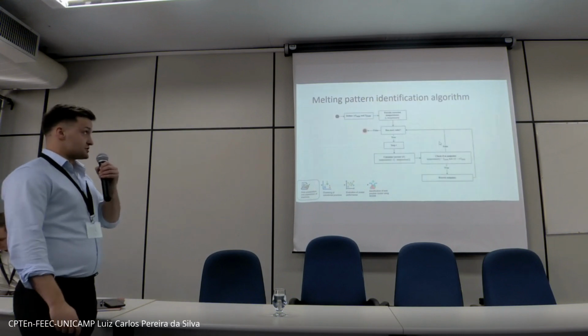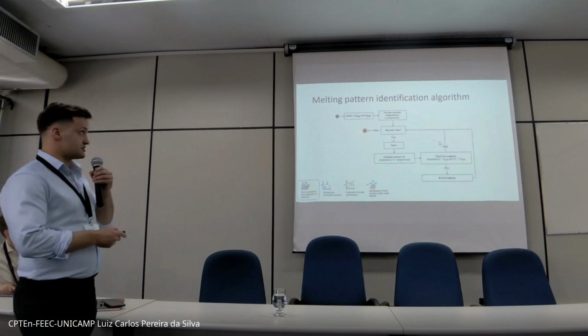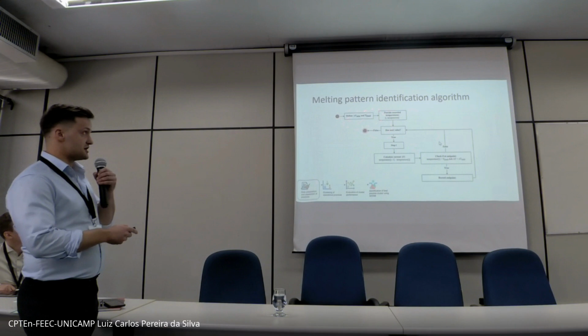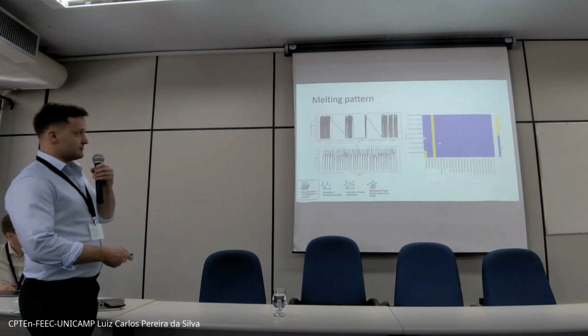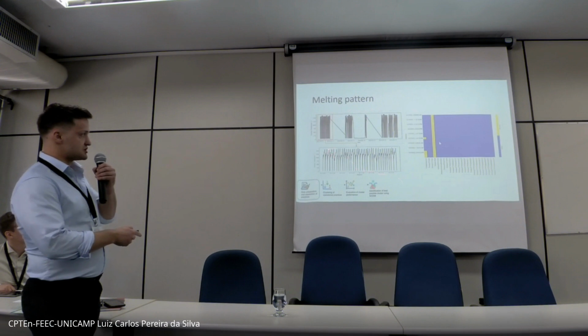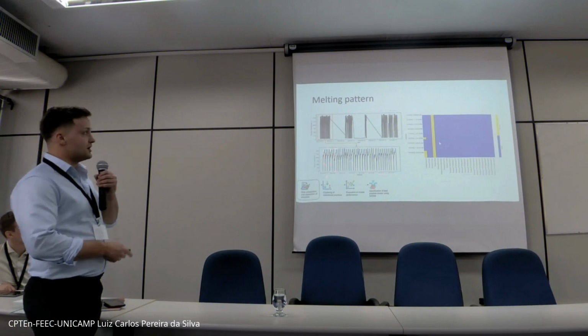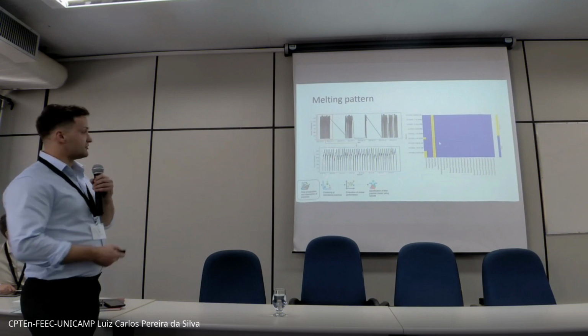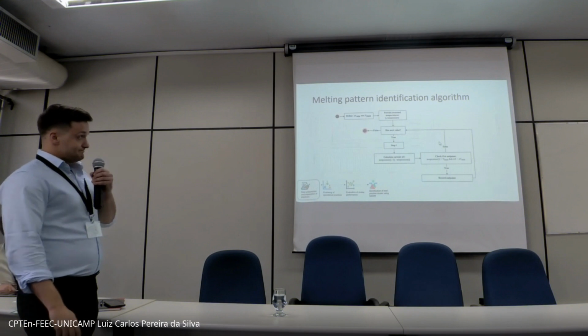So we proposed a melting pattern identification algorithm, which basically uses a minimum temperature change and a temperature limit. We utilized the fact that when the melt finishes, there is a sharp drop in the temperature. And by identifying this sharp drop, by tuning our parameters, we can identify these various practices.